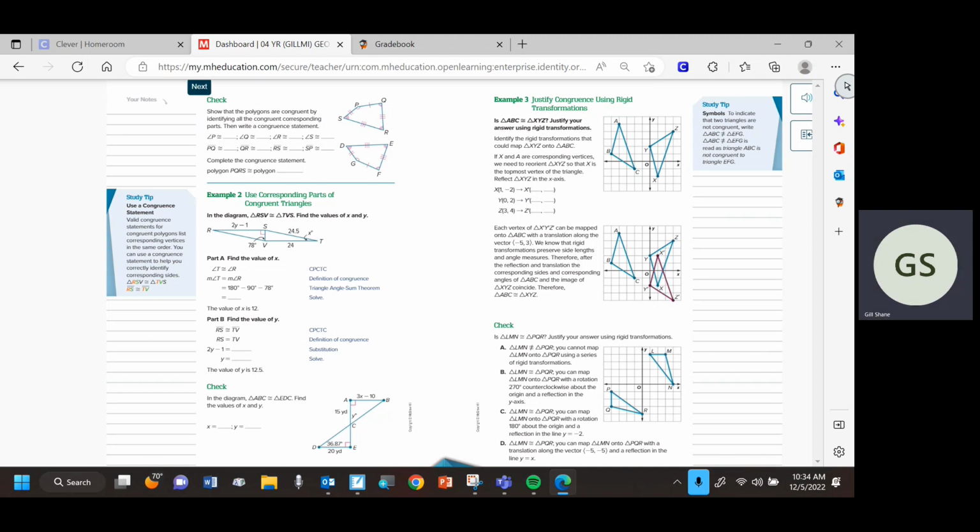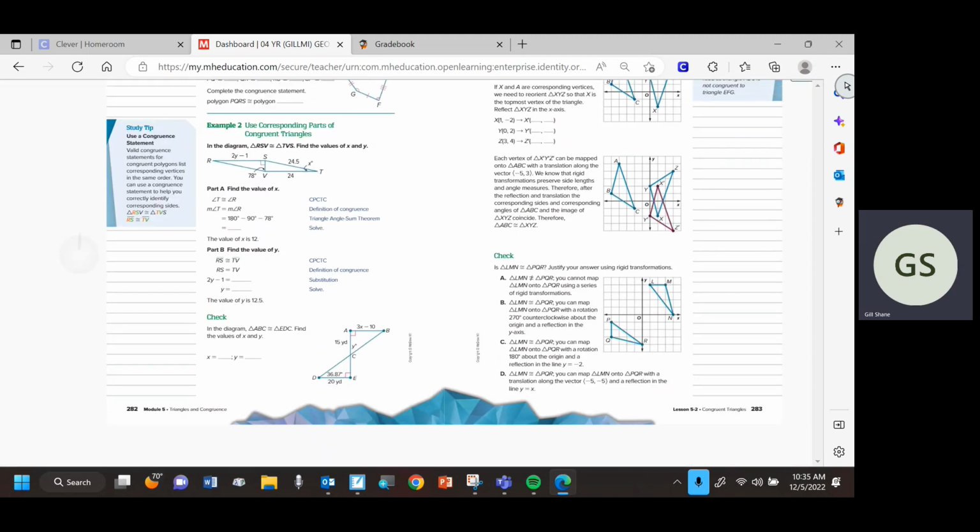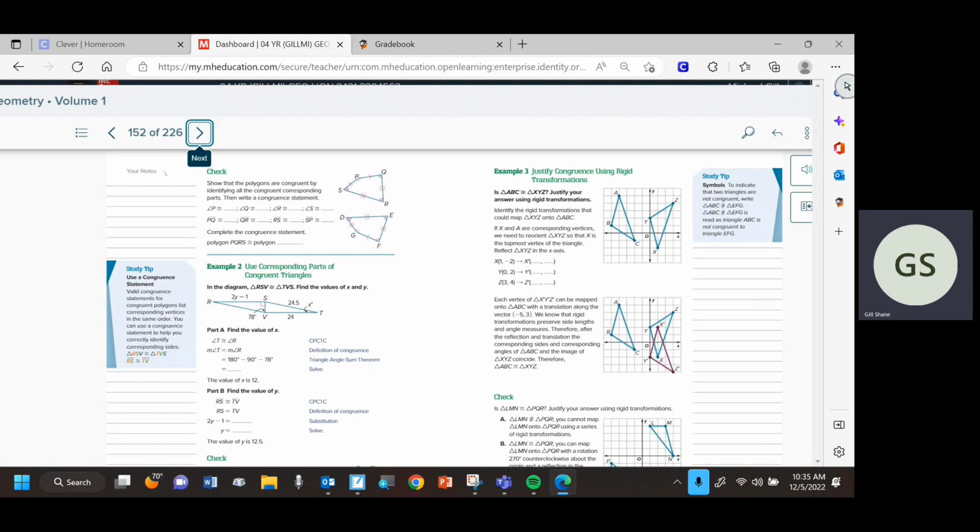Which page is it? This page is 282. So I want you to do the top of 282. Just complete that check section. You heard that?